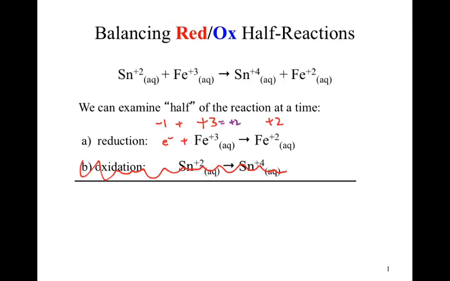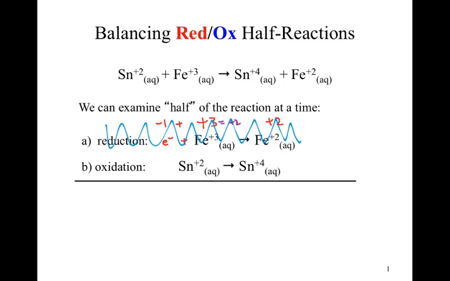Since my charge is balanced, my equation is now balanced, and I can move on to the next equation. So we'll free up our tin, and for your sake, you would just cover up your other equation, because we don't care what's happening with it, at least not yet. It's still correct what we did, I'm just covering it.